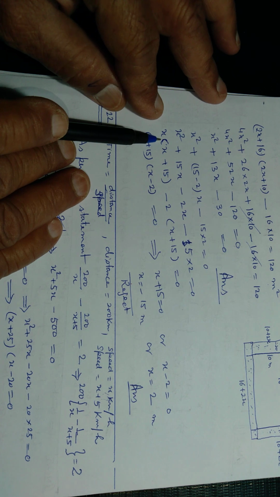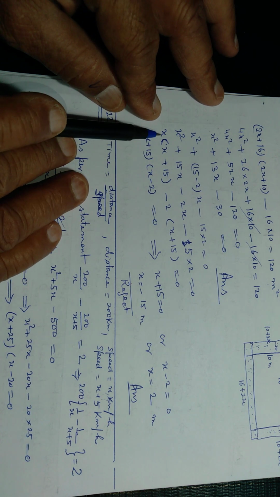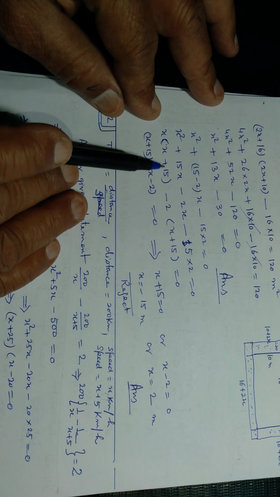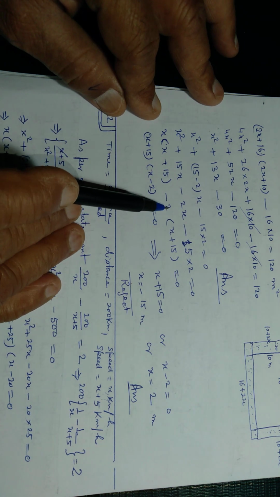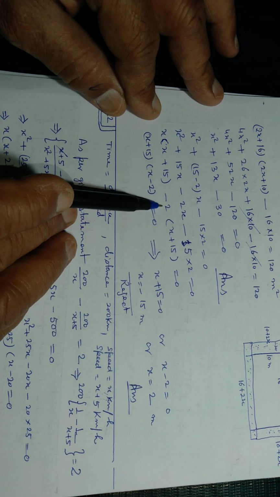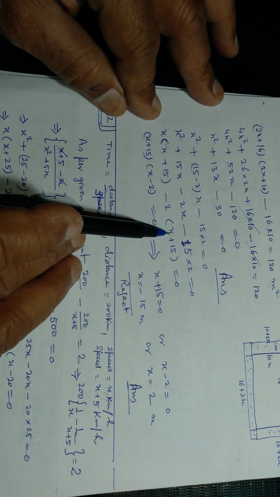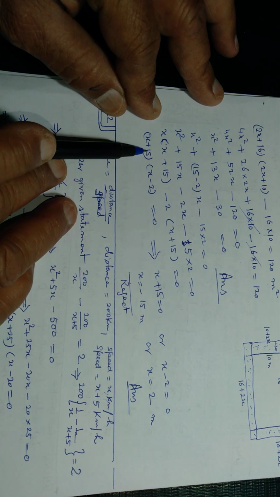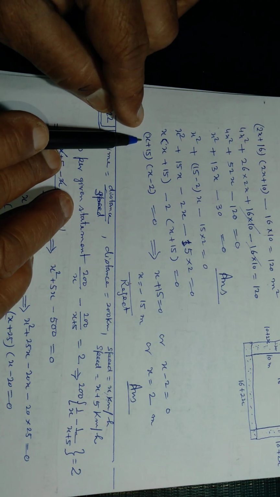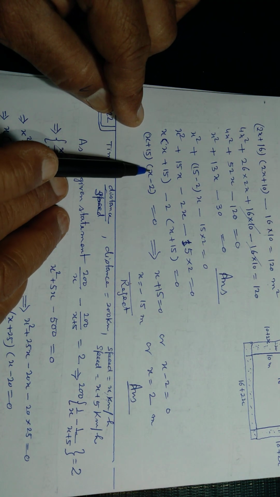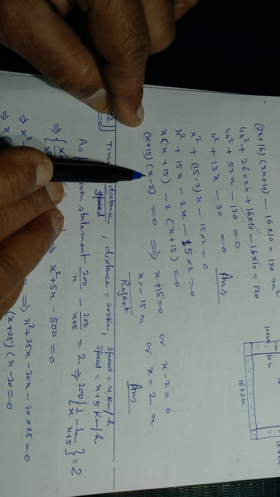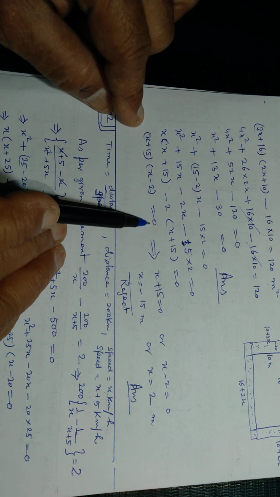Now take out common x from the first two terms, so inside the bracket we will get x plus 15. From the third and fourth terms, take out minus 2 common, we will get x plus 15. Now take x plus 15 out common, so it will be (x plus 15) into (x minus 2) equal to 0.